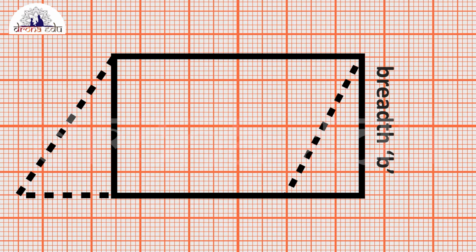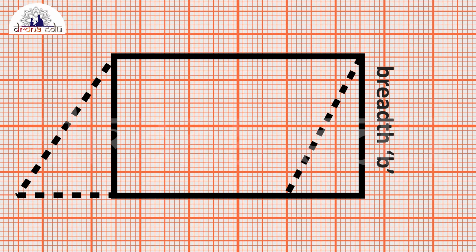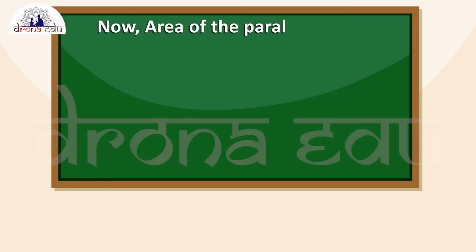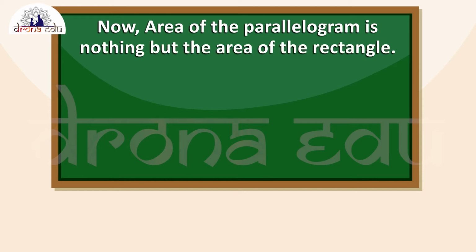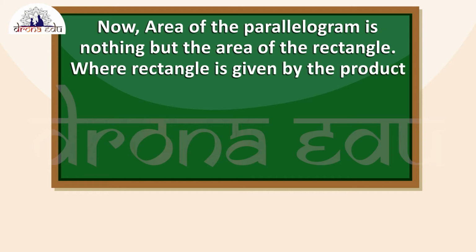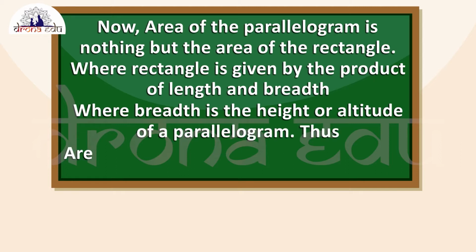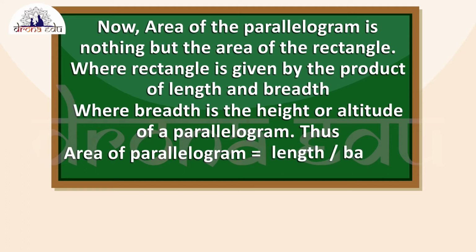Here the altitude is the newly formed vertical side, right? So the area of the parallelogram is nothing but the area of this rectangle, which is given by the product of length and breadth, where breadth is the height or altitude of this parallelogram. Thus, the area of the parallelogram is given by the product of its length or base and height. So this is about the area of a parallelogram.